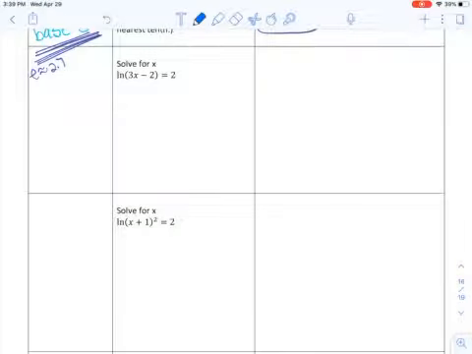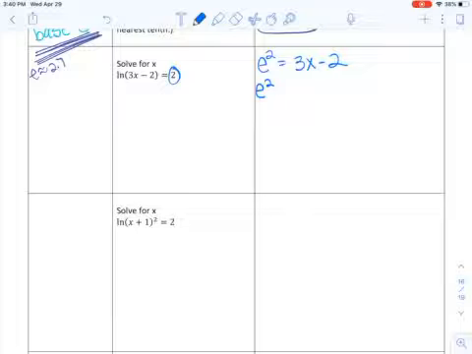Second one, our base is still e because we're doing natural log. So e, again, there's my exponent, to the second power equals 3x minus 2. If you're not using your calculator, how do you just get x by itself? Well, add 2 to both sides to start.